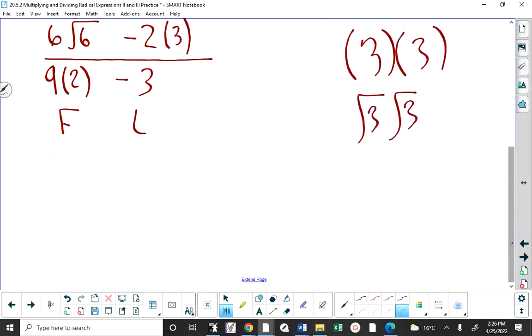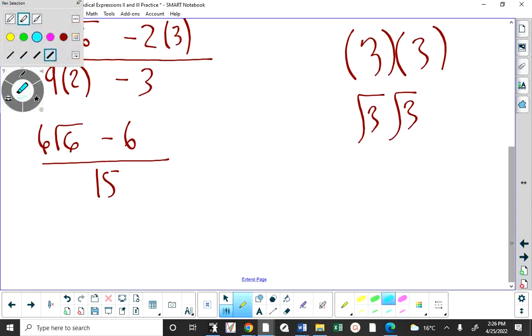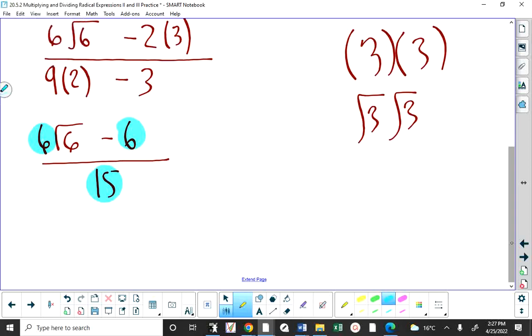What do we get on the bottom here? On the bottom we get 18 minus 3, which is 15 by my count. On the top we get 6 root 6 minus 6. Can I do any canceling? Well, as Lily said, and I've said numerous times, in this situation where you have a binomial on the top and a monomial on the bottom, you can cancel coefficients as long as you don't play favorites.